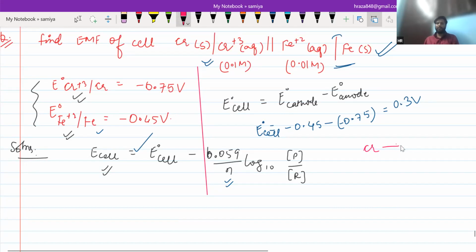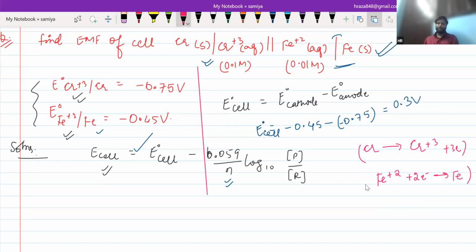Cr is going into Cr plus 3, that means 3 electrons, and Fe plus 2 is gaining 2 electrons to convert into Fe. Now multiply by 3 and 2 and then add. So what we will get: 2 Cr plus 3 Fe plus 2, plus 6 electrons, and here we will get 2 Cr plus 3 and 3 Fe. This will be the required equation.